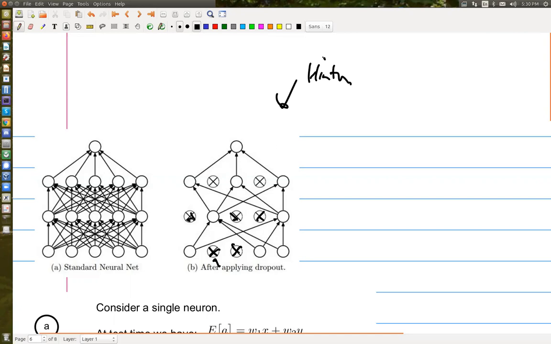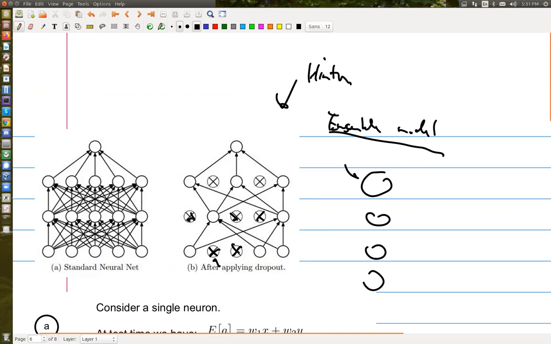Probably the best argument is to think of an ensemble of models. For example, if you also do other machine learning, like decision trees and random forests, you can interpret a random forest as an ensemble of trees. An ensemble means you have trained multiple models.